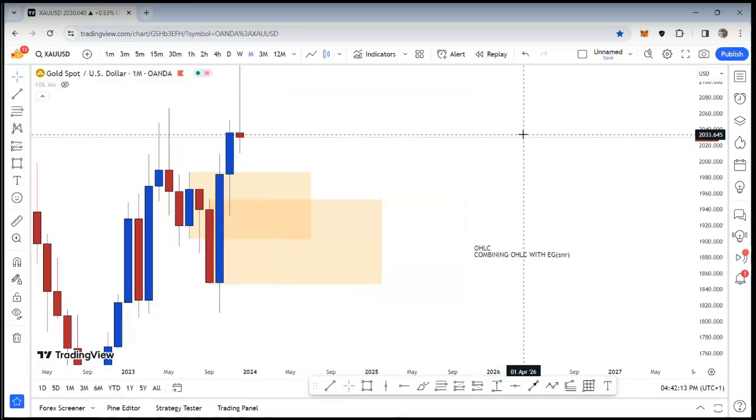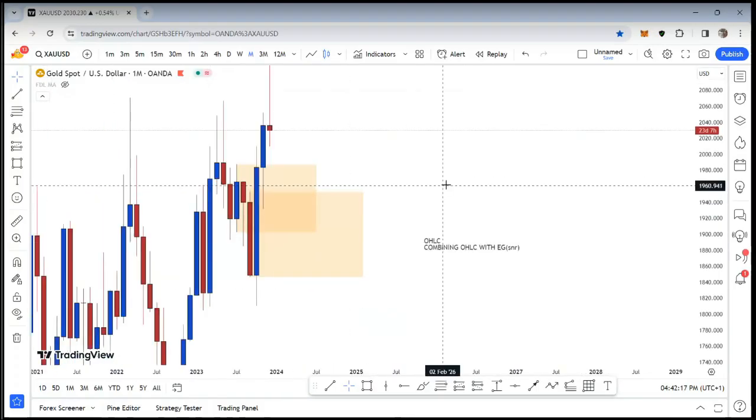So that's what we are going to be laying out today. First of all, let's talk about OHLC.